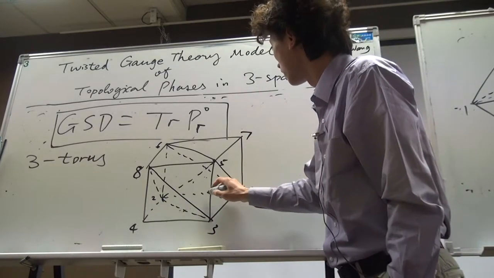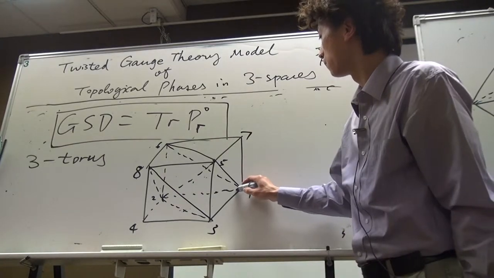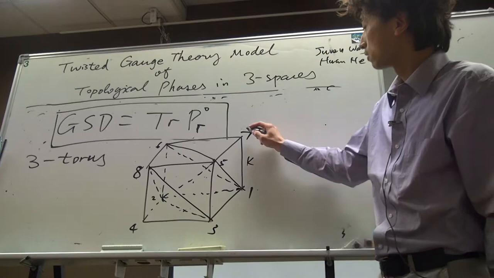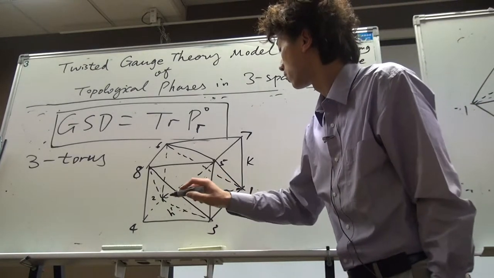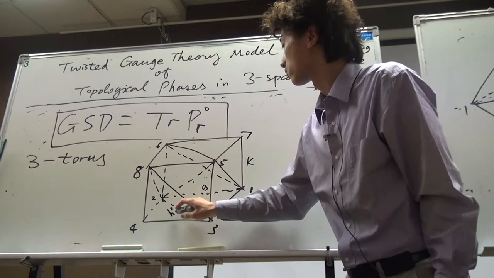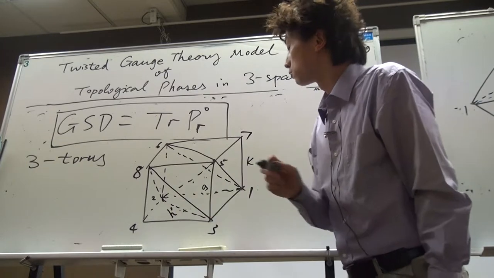Okay, and we can label these 3. There are only 3 independent group variables here in this picture. So let's label this K, label this G probably, and another one H prime. The reason why I label it H prime has a story, but it doesn't really matter so much.